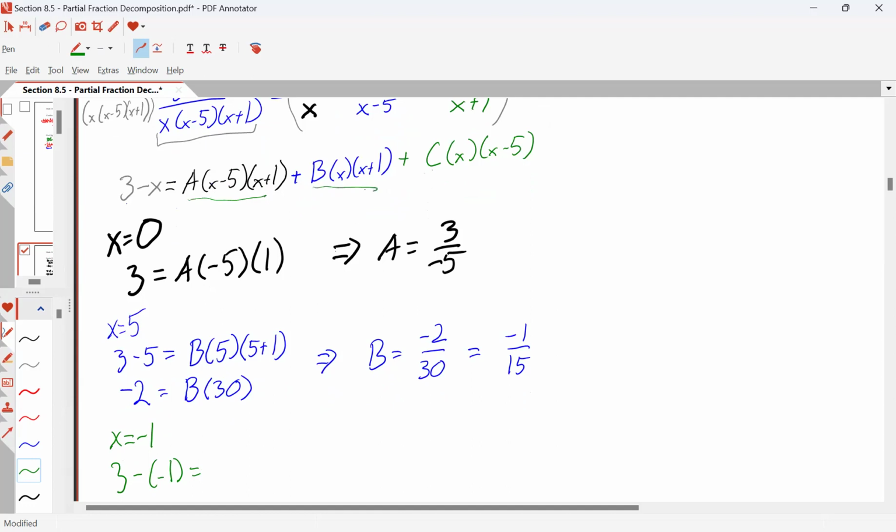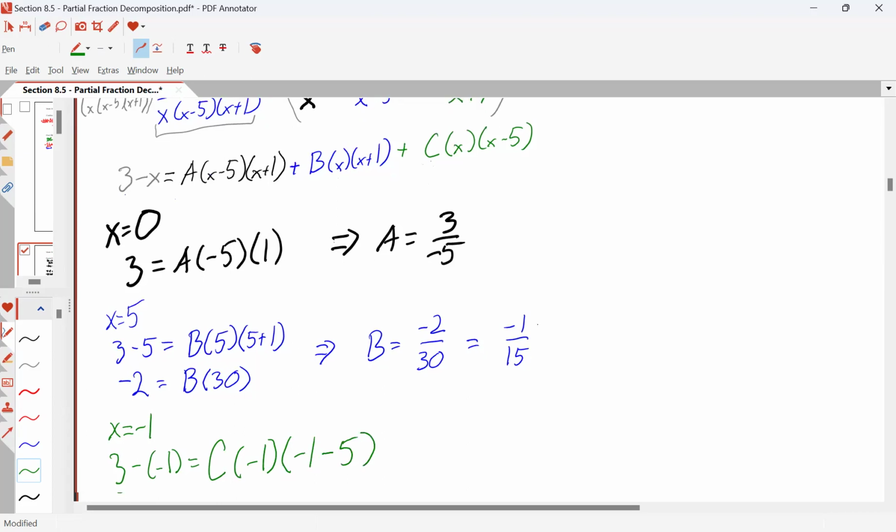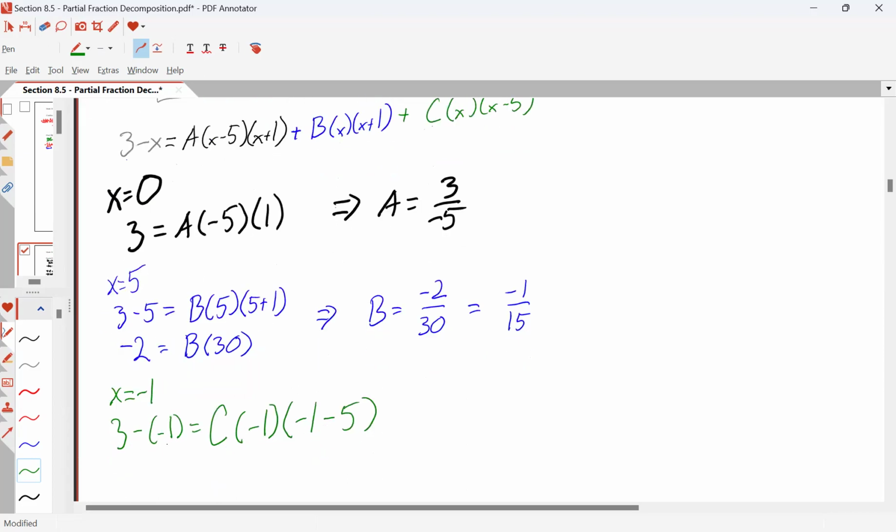So that is 0, that is 0. And so we get C times negative 1 times negative 1 minus 5. 3 minus negative 1 is 4. Negative 1 minus 5 is negative 6 times a negative 1 is 6. See? So C equals 4/6 or 2/3. There are our coefficients A, B, and C.